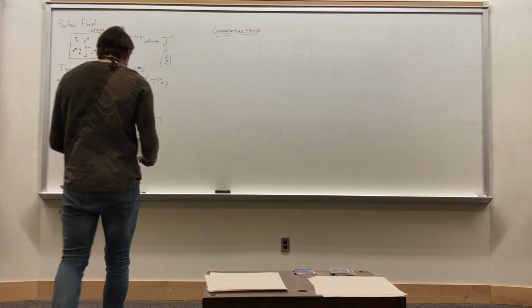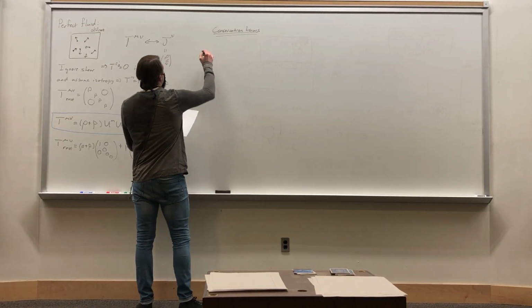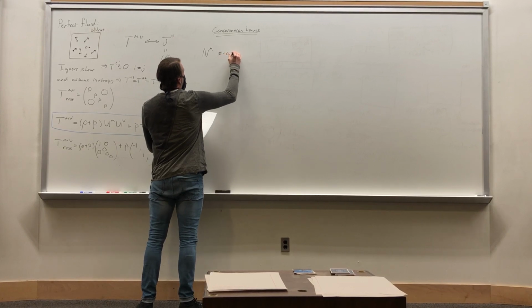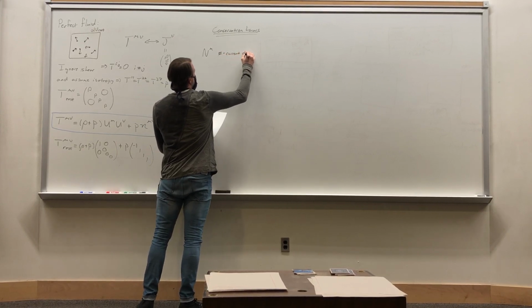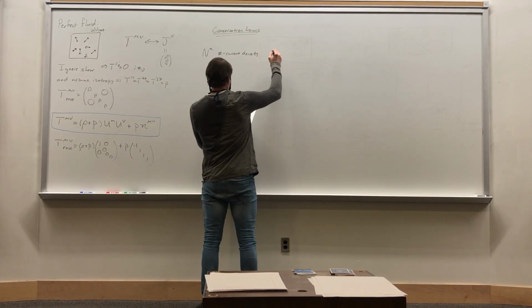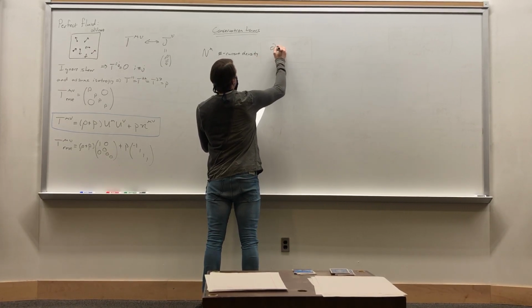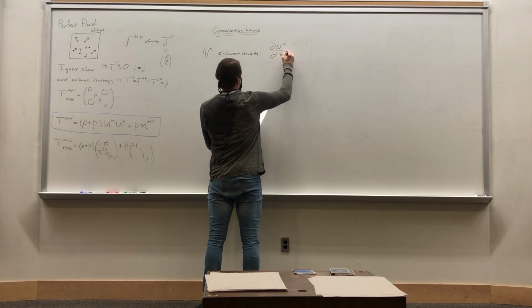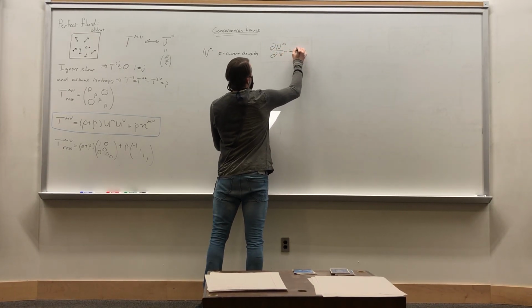So let me give you an example. N mu is the number current density. And what this means is that the partial of N mu, partial x mu, equals 0.